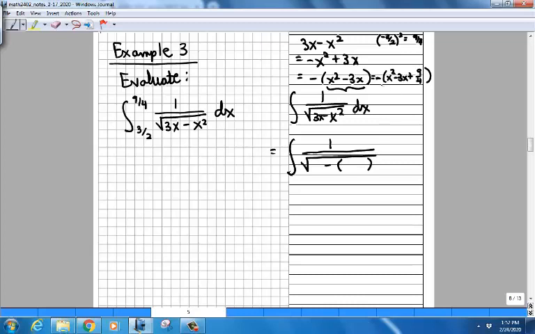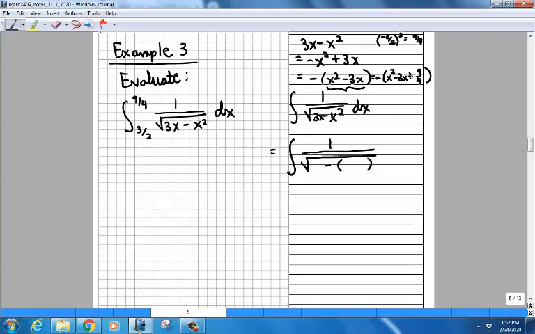How does this factor? Remember, I completed the square, right? So I'm guaranteed that if I did the completing the square right, which I think I did, this will factor as a perfect square. What perfect square will that factor?